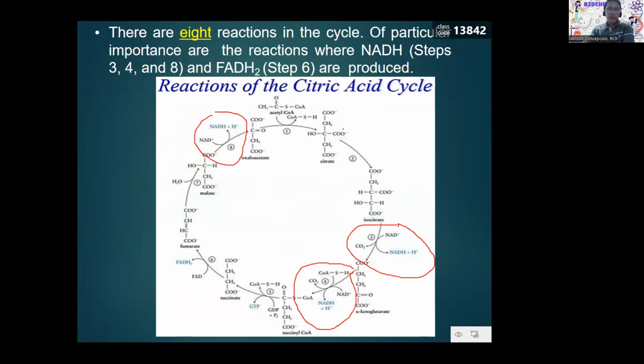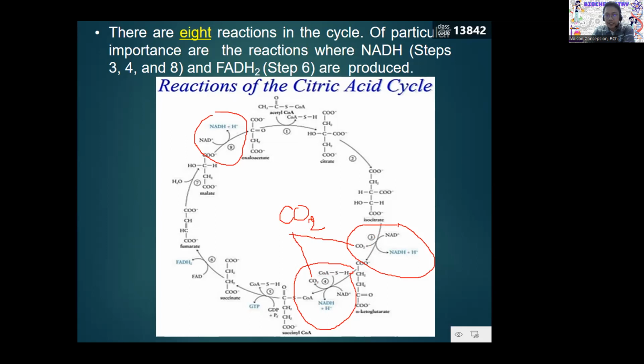It's not just one simple carbon dioxide exit, because you have 2 carbon dioxide exits. So these 2, steps number 3 and 4, are where the carbon dioxide is released. That's our exit, if you can still remember.